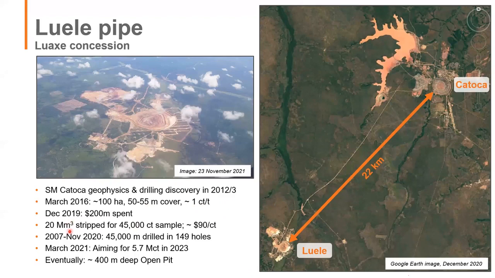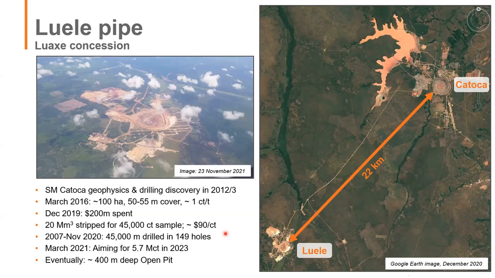They stripped 20 million cubic meters of sand to collect a 450,000 carat bulk sample. At that time, they assessed the diamonds at $90 a carat, which means the revenue potential is around $90 a ton.